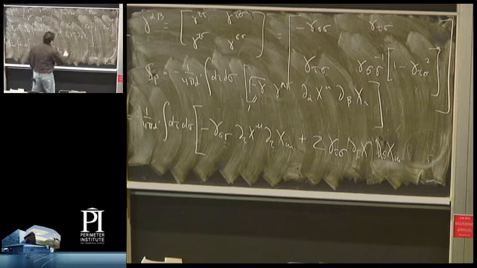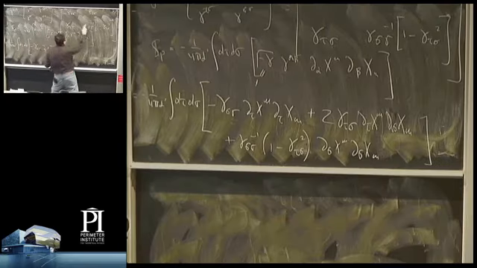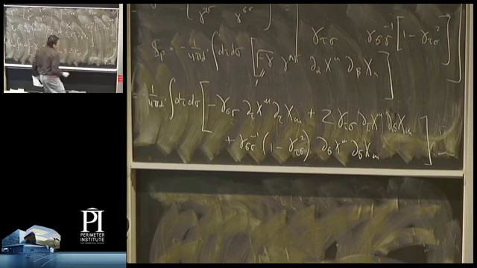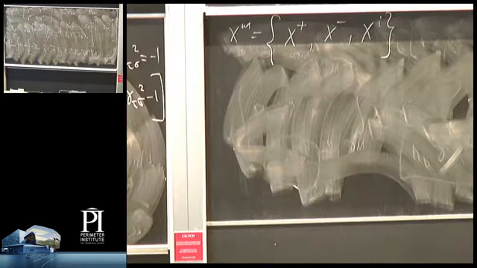Then there is a piece coming from alpha beta. One is tau, the other one is sigma. That gives me a factor of 2. So I have 2, and upper indices here are the same as lower indices. So I have gamma tau sigma, then I have del tau x mu del sigma x mu. Okay. And finally, there is a piece with sigma sigma.